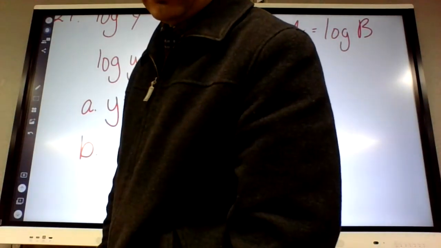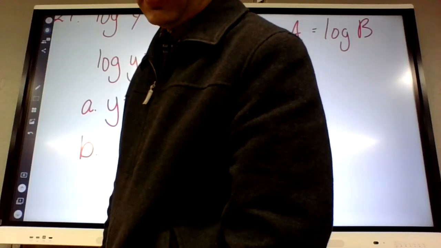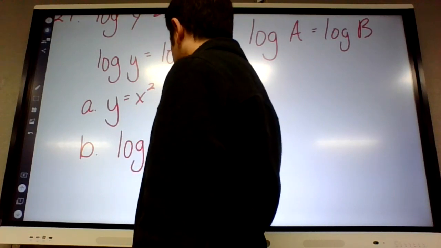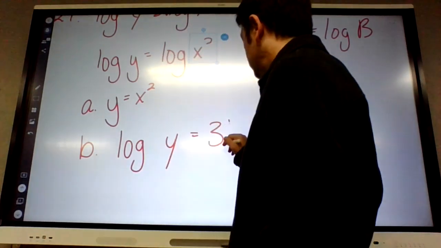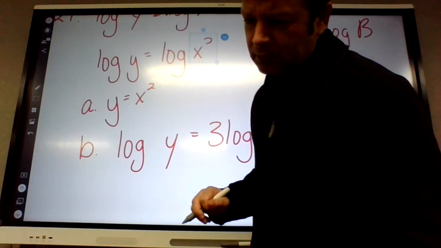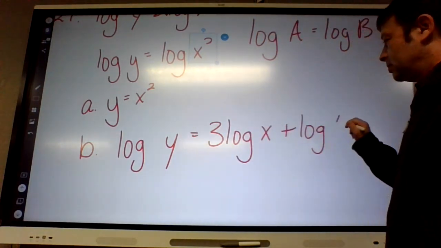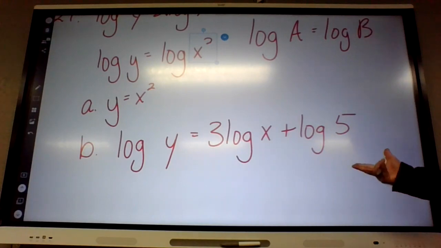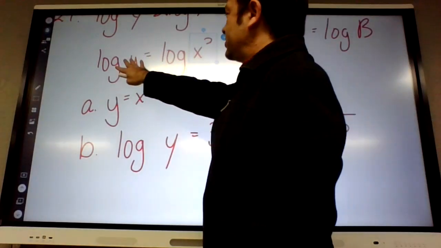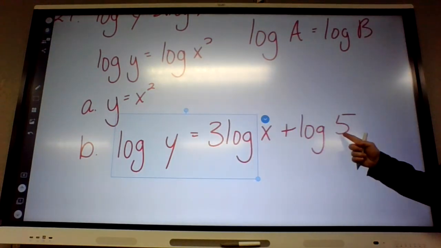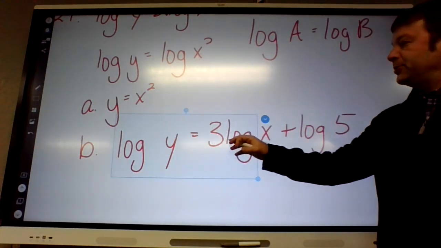Okay, b, log y equals 3 log x plus log 5. So we want to make it look kind of like this. How can we simplify this right side of the equation? What can I do with this 3?